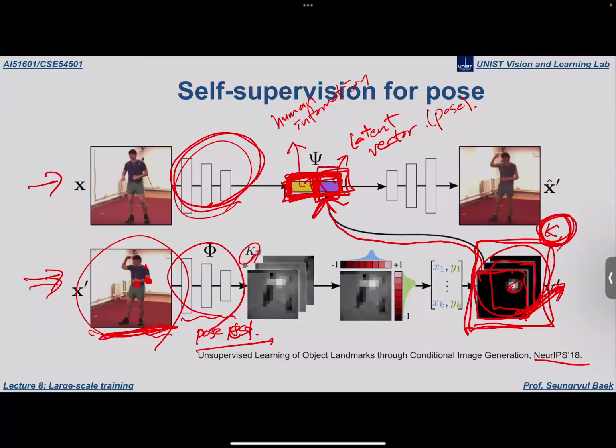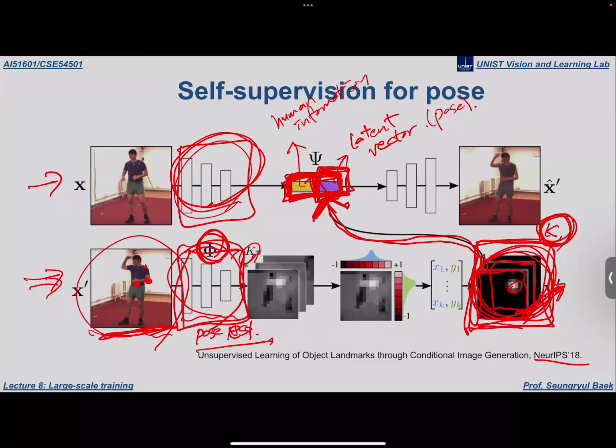At the initial step, both this network and this network are randomly initialized, so this network cannot properly predict the human's pose, but anyway we will replace this as the feature for this. And this network will also generate some random feature here.